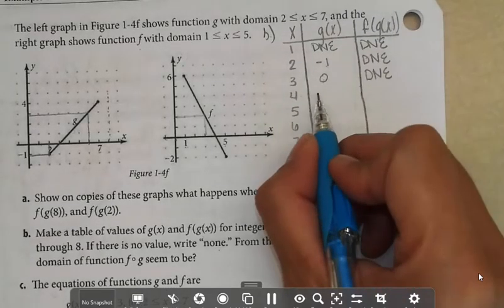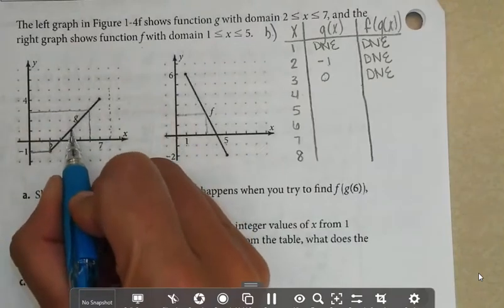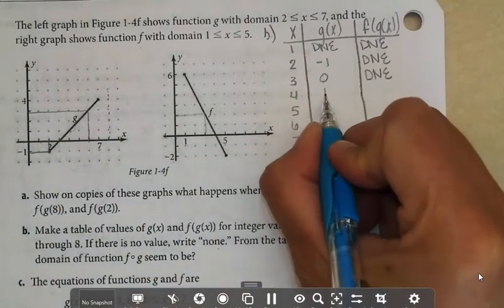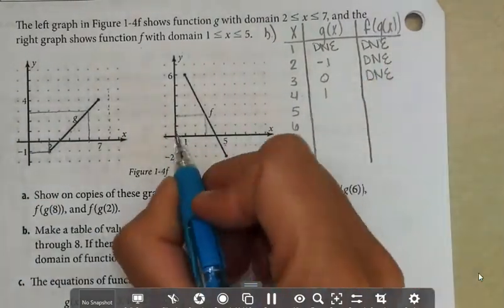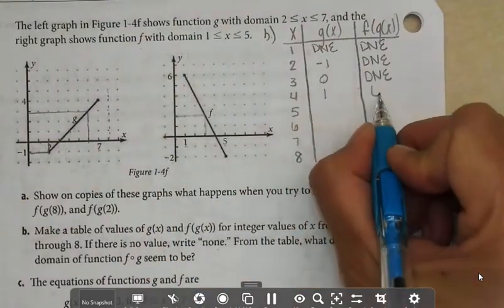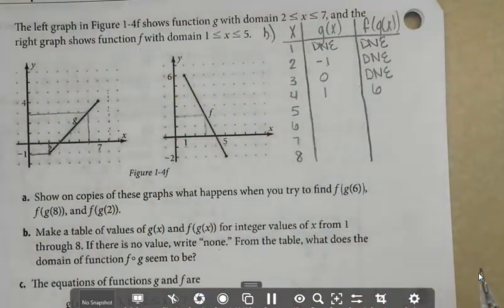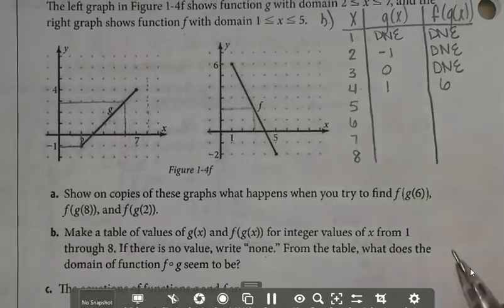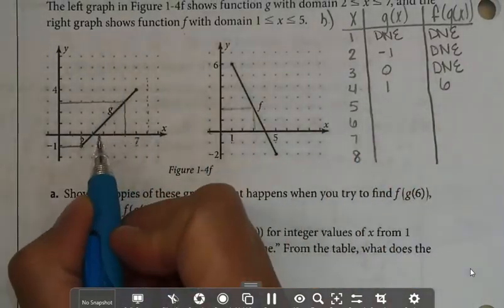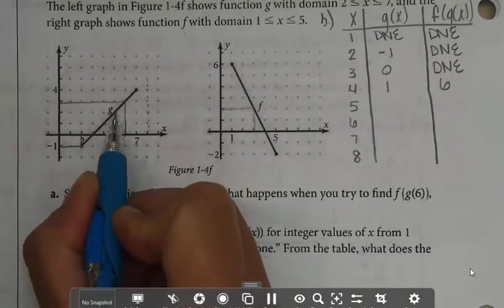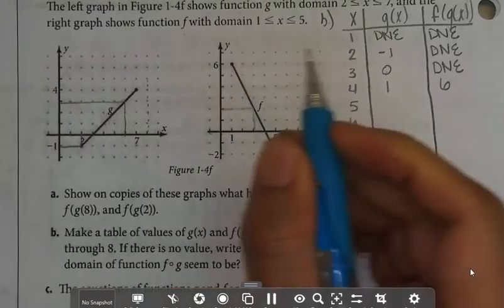Okay, let's move on to 4. So g of 4 appears to be 1. So then that's f of 1, which is 6. Moving on to g of 5. That looks like it's 2.